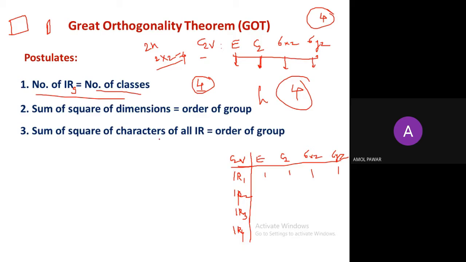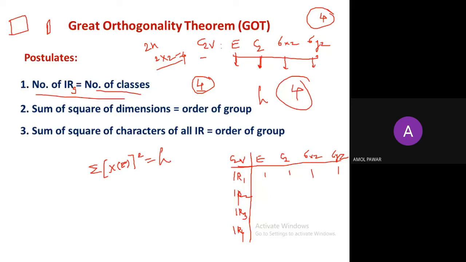The second rule is summation of character, denoted by chi. Chi of E, the identity, is with respect to E. Chi of E squared is equal to h.